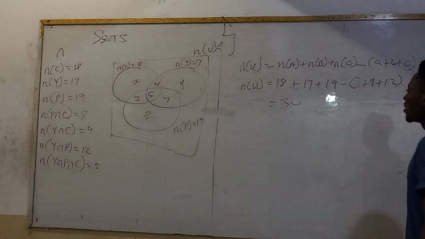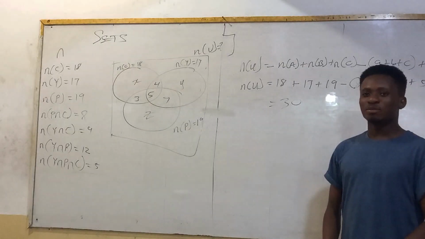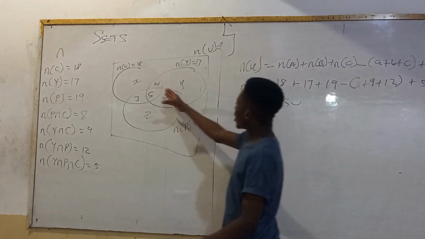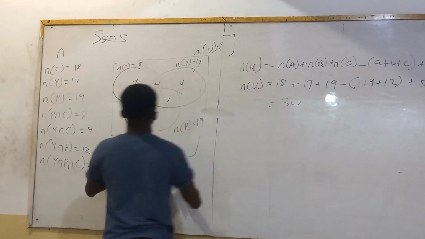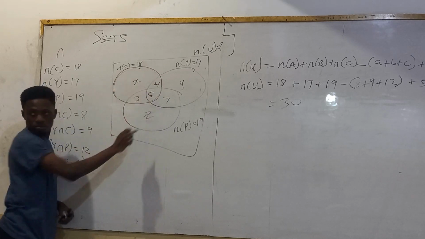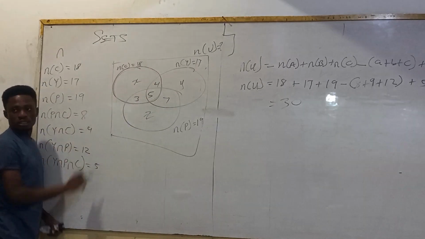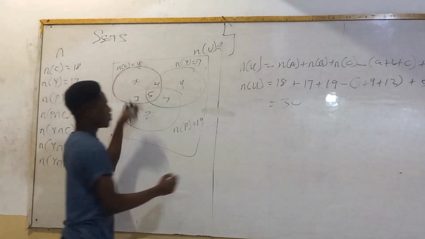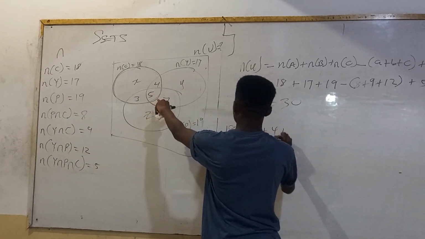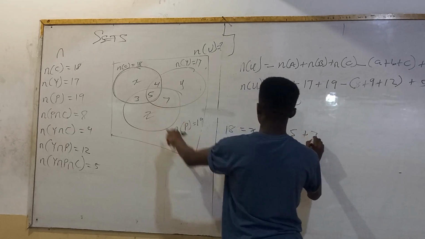So that's the answer. But do you know that there's an alternative method? You see, now that you have all this, anything here is equal to 18. So therefore you can take them: 18 is equal to x plus 4 plus 5 plus 3.